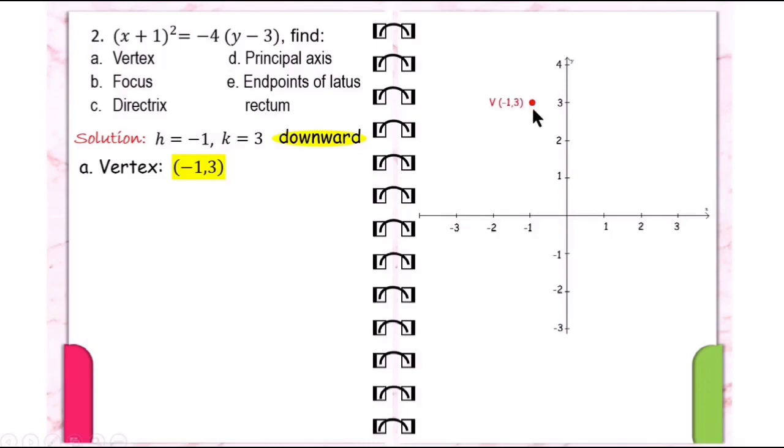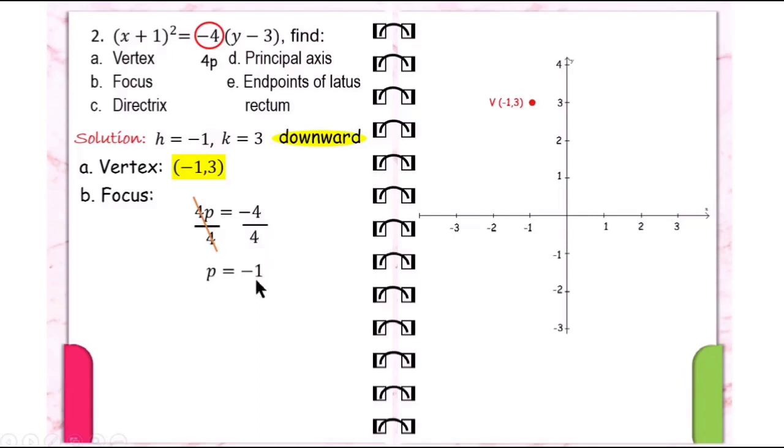Next, let us determine the focus, but we first need to find the value of p. 4p is equal to negative 4. To solve for p, again, divide both sides by 4 and simplify.